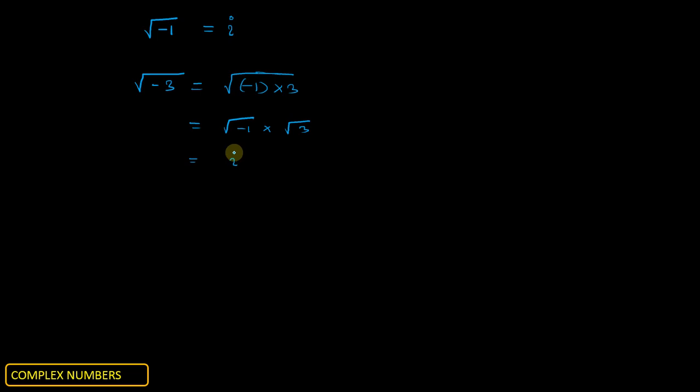Iota. We will replace the square root of -1 by iota multiplied by the square root of 3, or we can write it as square root of 3 iota. Here iota is indicating that the number is what? Imaginary.